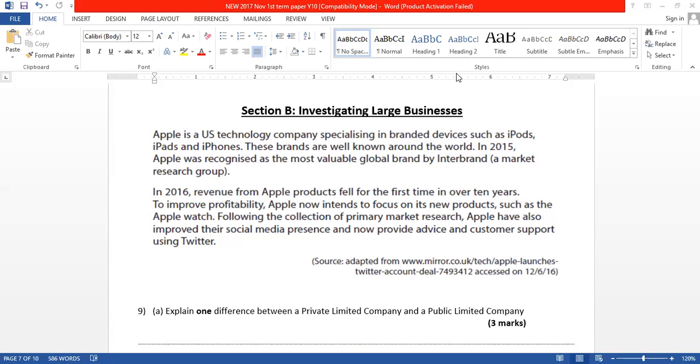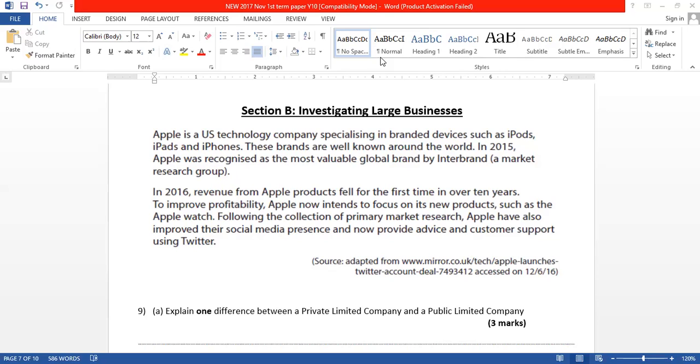Apple is a US technology company specializing in branded devices: iPods, iPads, and iPhones. These brands are well known around the world. In 2015, Apple was recognized as the most valuable global brand by Interbrand, the market research group. In 2016, the revenue from Apple products fell for the first time in over 10 years.